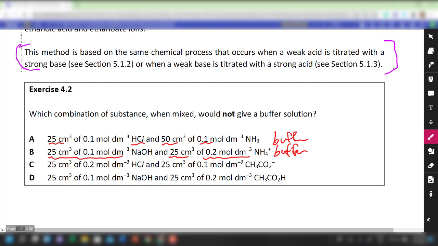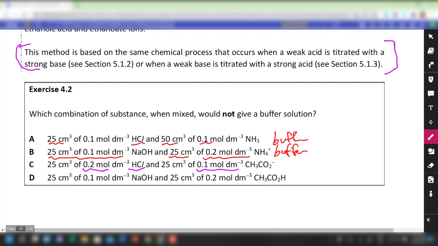Okay, so next we have 0.2 moles per dm cube, or 0.2 molar, of HCl, 25 cubic centimeters, and then we have 0.1 moles per dm cube of ethanoate. So you notice that when I add HCl to ethanoate, the hydrochloric acid will be in excess.